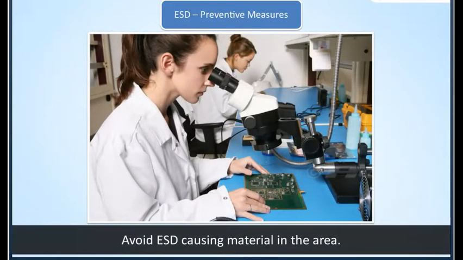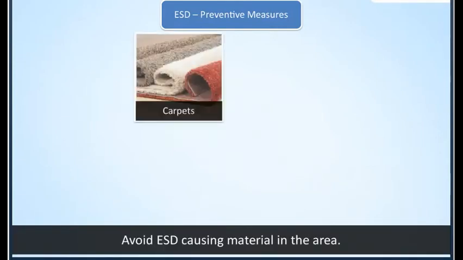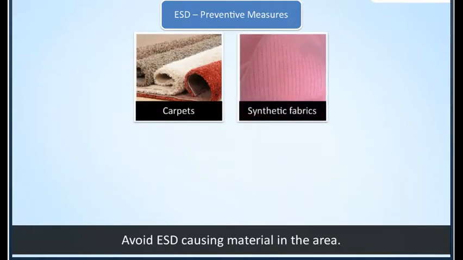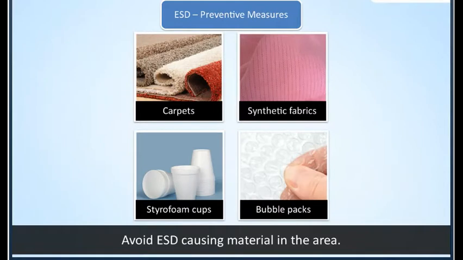Avoid ESD causing material in the area where you are handling drives and similar equipment sensitive to ESD damage. Avoid ESD generating materials like carpets, garments made of synthetic fibers, styrofoam cups, bubble packs, etc. from areas where you handle sensitive devices.